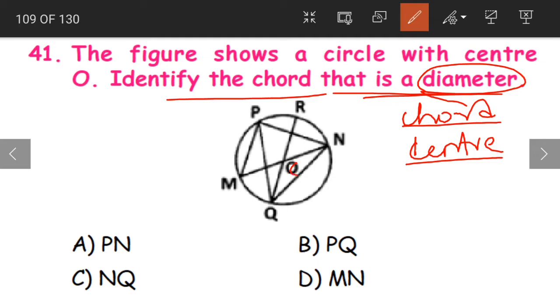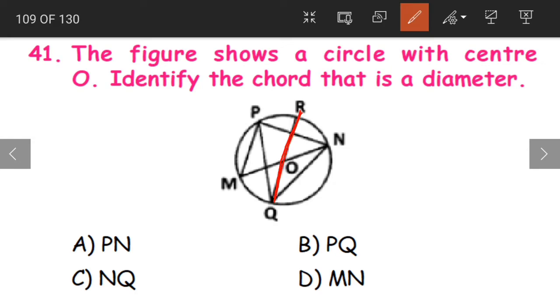Now the center here is O. Look at the chords that are passing through the center of the circle, children. We have PQ and MN. Sorry, not PQ, QR. This is QR, right? We have QR and MN. These two are the chords that are passing through the center of the circle.